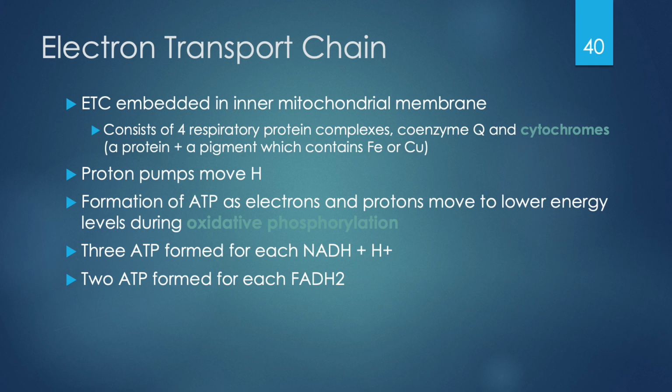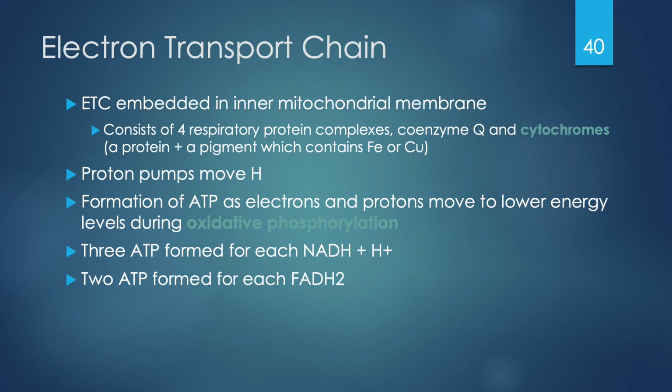So this just really consists of 4 respiratory protein complexes, coenzyme Q, and cytochromes, which we'll talk about more in pathophysiology for sure. And a cytochrome is just a protein plus a pigment, and that pigment is going to include either iron or copper. Proton pumps are going to be responsible for moving hydrogen along, and the formation of ATP is going to occur as electrons and protons are moved to lower energy levels through oxidative phosphorylation.